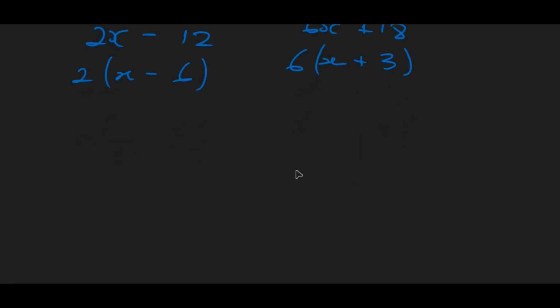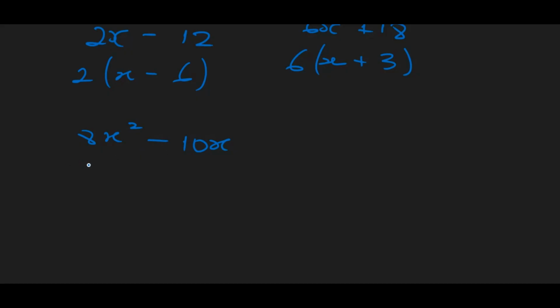Let's take more examples. We have 8x squared minus 10x. So let's take this one. There's a whole lot of stuff, right? We have 8, 10. What will be the highest common factor for 8 and 10?